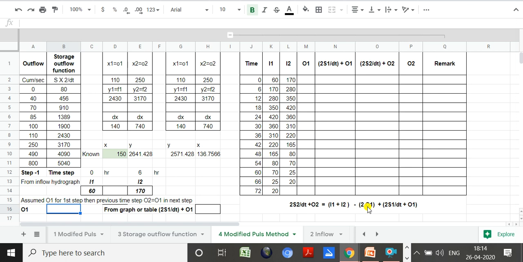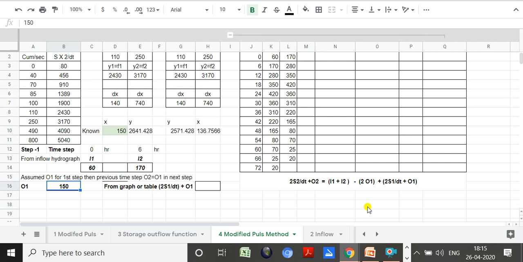The first outflow may be equal to 0, half of the first inflow value, or the average of the first inflow value. For time being, let us continue with the assumed value 150.